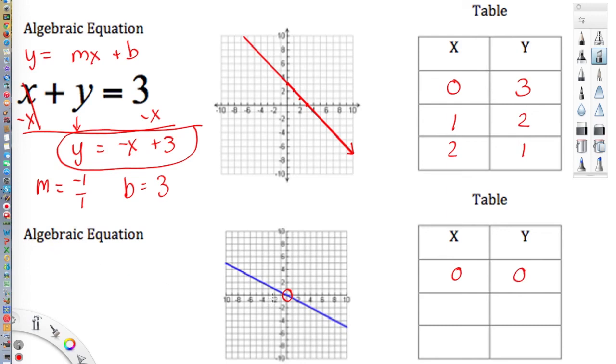Let's see if we can find another point. Take over here to 4. It looks like when x is 4, y is a negative 2. And when x is 8, it looks like y is a negative 4.